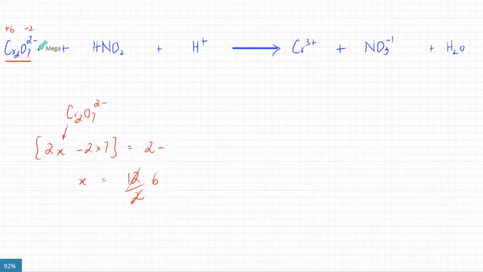Then the next one, you've got HNO2. Now in HNO2, I know that H is +1. I know that oxygen is -2. No idea what N is. So I'm going to try and find out what N is. I'm going to take that as X. Oxygen is -2 and there are 2 of them.